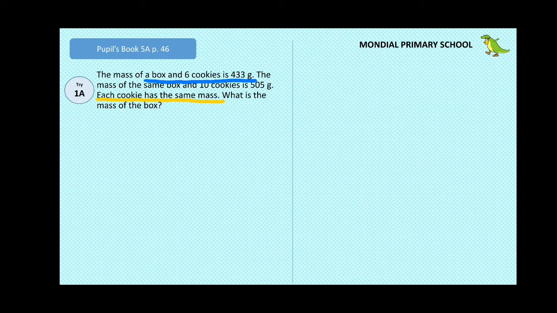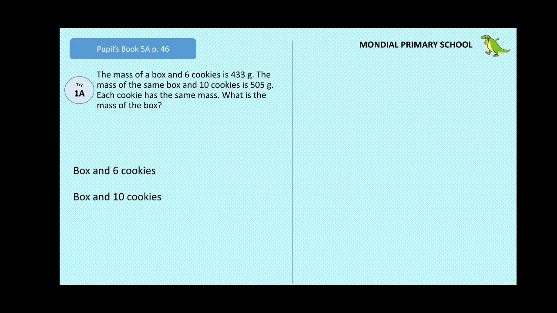Before that, the mass of the same box and 10 cookies is 505. Okay, now draw boxes. Before that, we write like this: box and 6 cookies, and box and 10 cookies, like this.